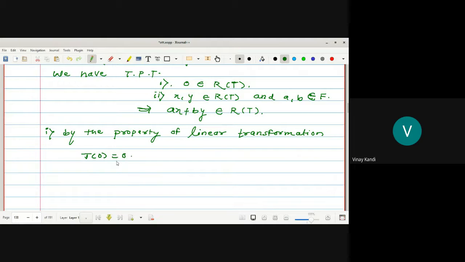So this T of 0 is equal to 0, and we have 0 belongs to R of T.